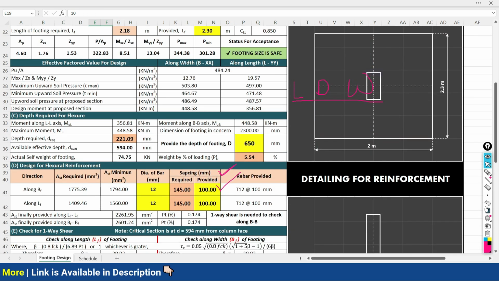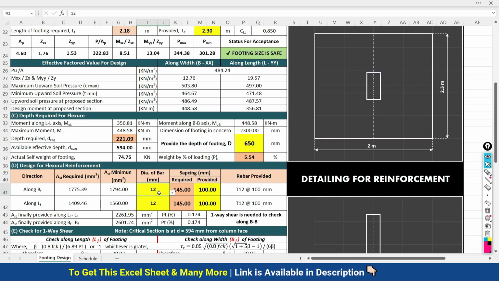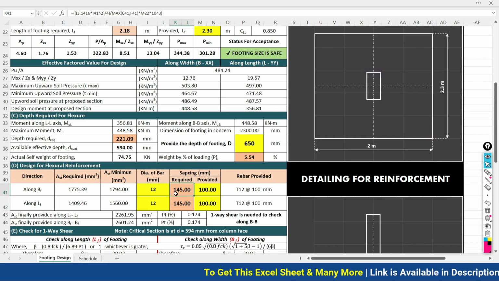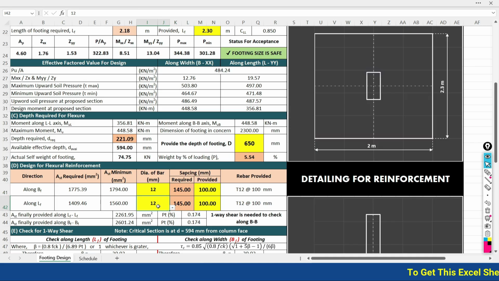Now again we have to look at what diameter of bar is required and what spacing is required. So I would like to go with 12 mm diameter of bar again, and what spacing is required? The spacing requirement is 145 along the width as well as along the length. So I am going to provide 125 along the width and 125 along the length.